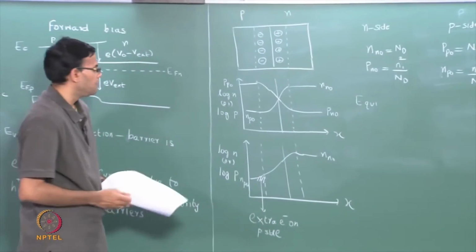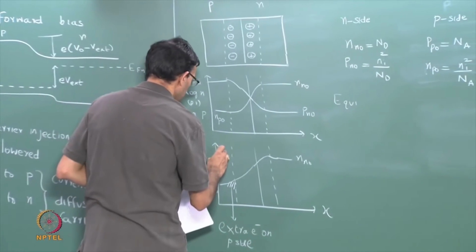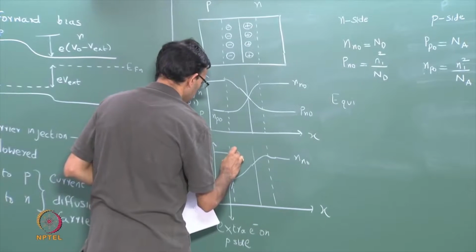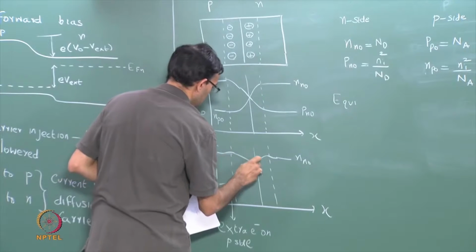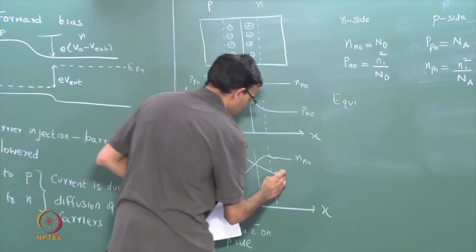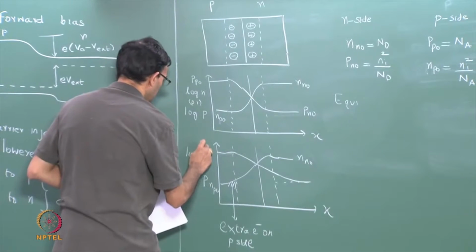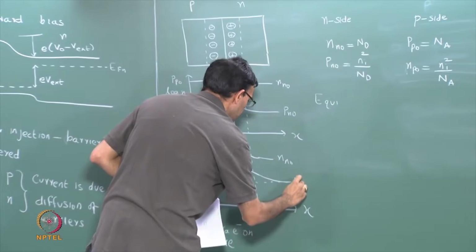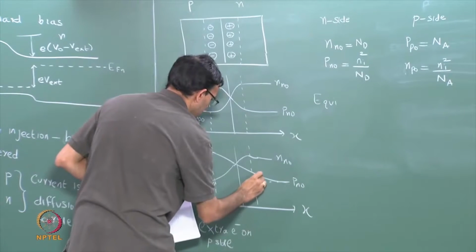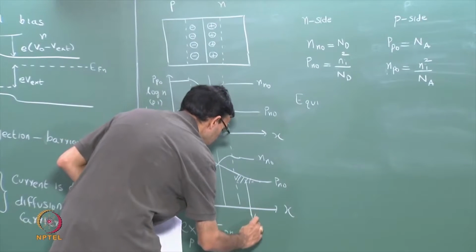Same way, we have some extra holes that are being injected from the p side. So once again, if you draw this, so that you have p naught, p n naught, and you have some extra holes.